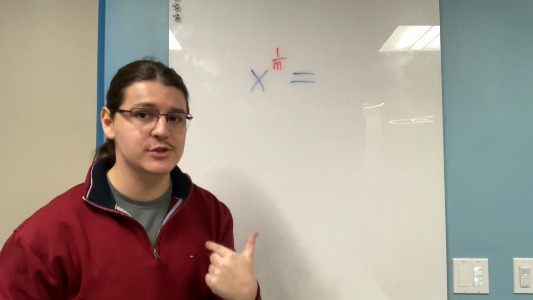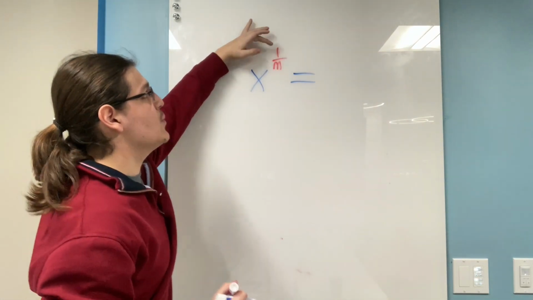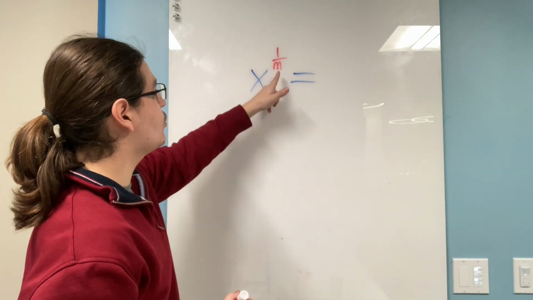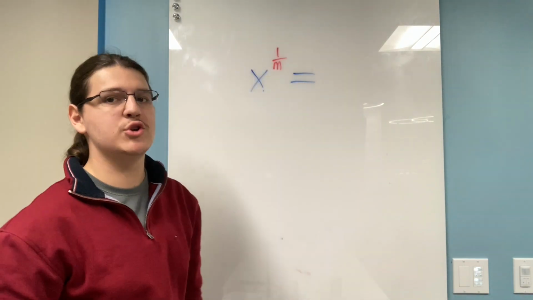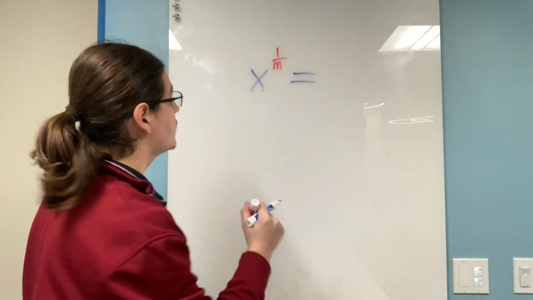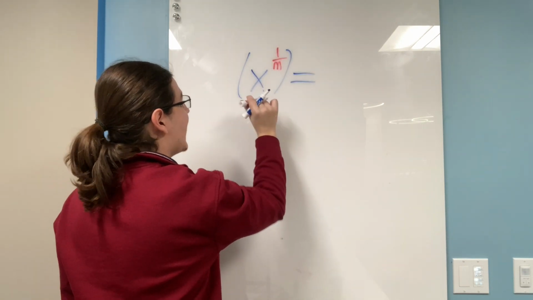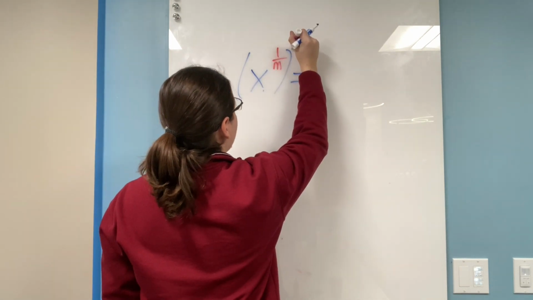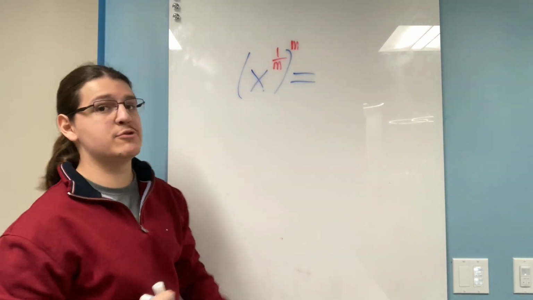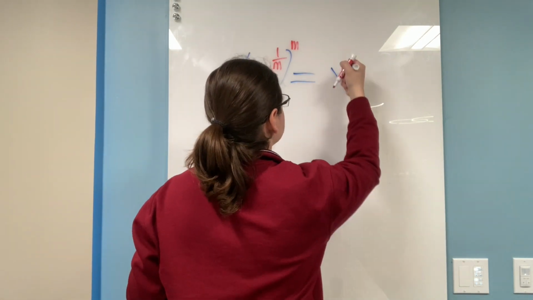And using the last rule, if we raise this to another exponent, then we can multiply the exponents together. So what do I have to multiply 1 over m by to just be equal to 1? Just m. So in parentheses, we're going to raise this entire quantity to the m. Now, that would simplify to just be 1. So we're just going to get x to the first power.